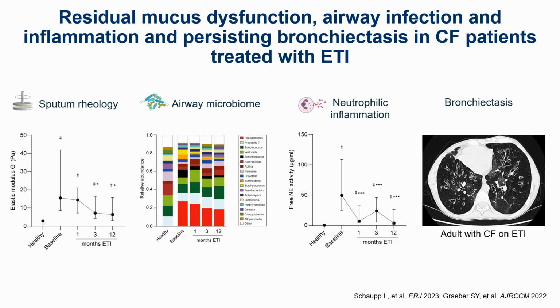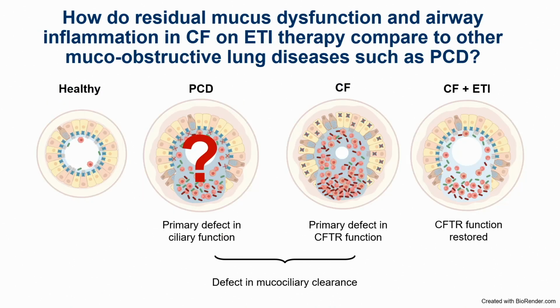So in this context, we were wondering how these abnormalities we can observe in our patients would compare to other muco-obstructive lung diseases. And for that, we did a comparative analysis to PCD because there's not much known about whether there would be changes in PCD, and how that would compare to CF.